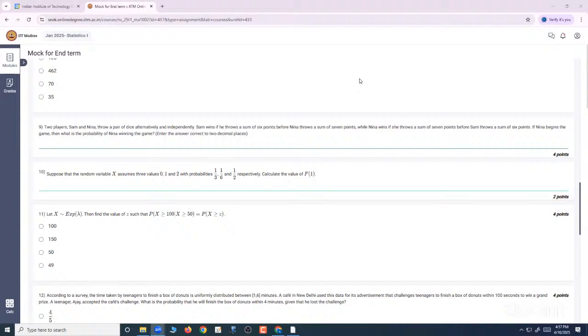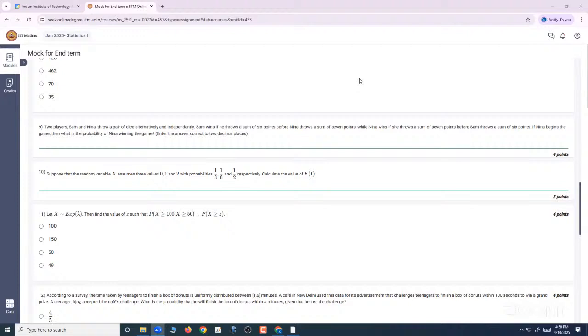But it might be possible that since Nina begins the game, she might win in the first trial itself. Okay, so Nina is starting the game, so in the first throw she is winning the game. Then in the third throw she is going to win the game, not in the second throw.